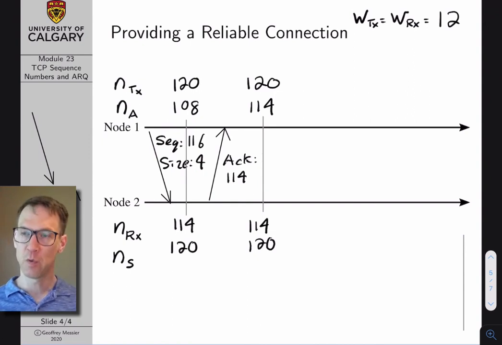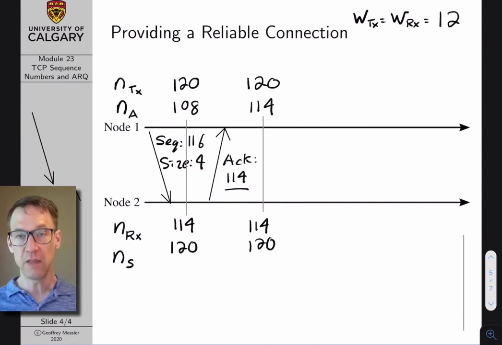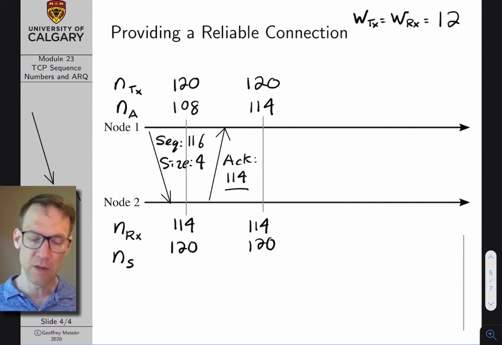When it receives an acknowledgement with a value of 114, it knows that the first segment, the segment with sequence number 108, has been received, but it knows that the second segment with sequence number 114 hasn't been received, because the receiver basically said, I want the segment with sequence number 114 now, and the transmitter's like, oh, I thought I sent that. I guess you haven't received it. And so that is what the transmitter is going to resend.